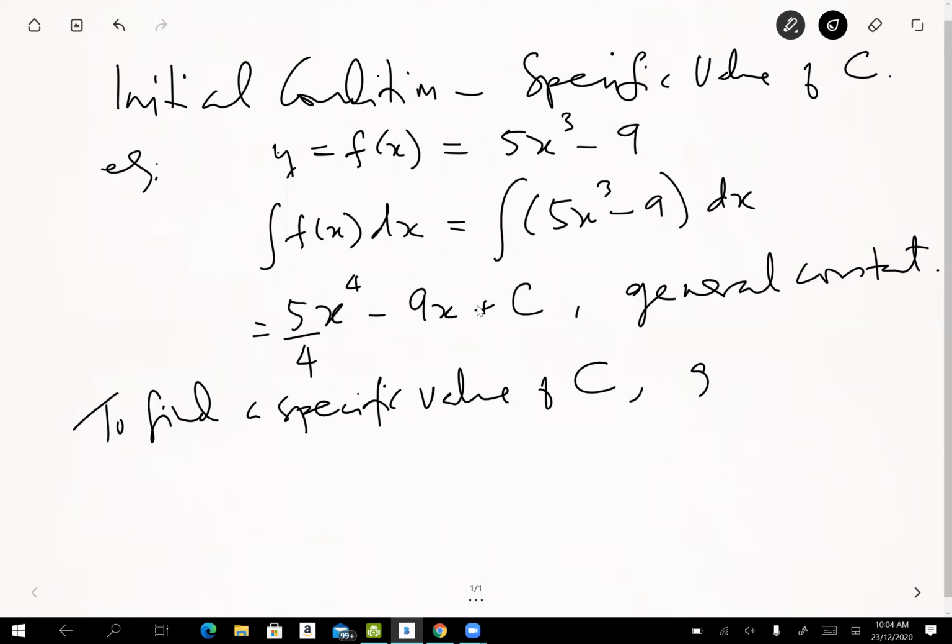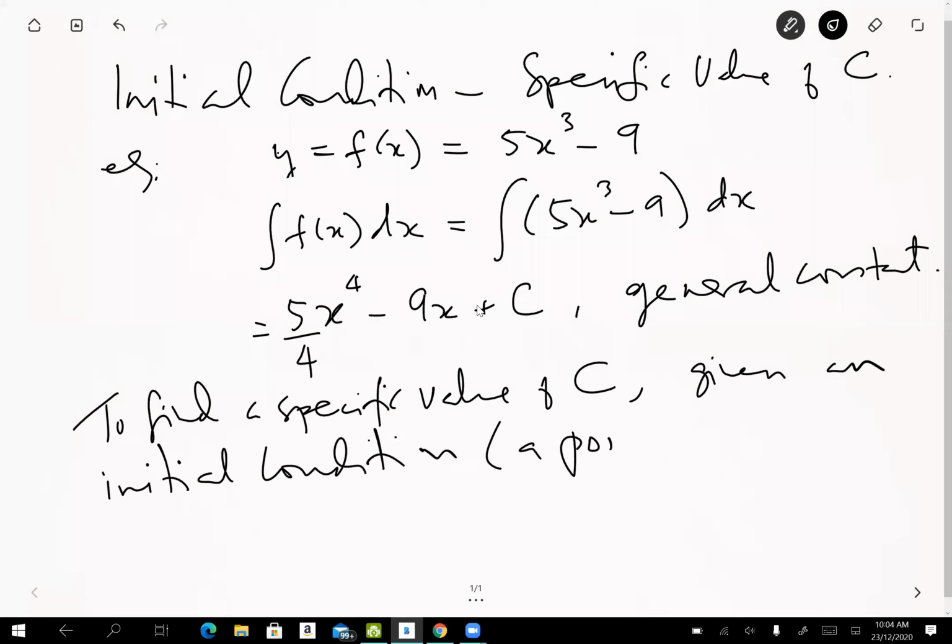All right, so given an initial condition. Now, initial condition basically is a point. In other words, you're given a point on that function. We call this the integral of the function, f of x. So given a point, then you find the value of c.